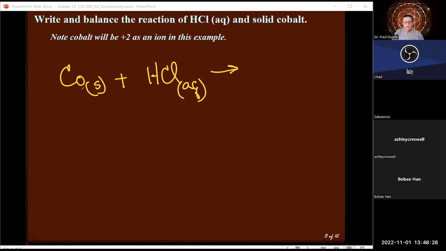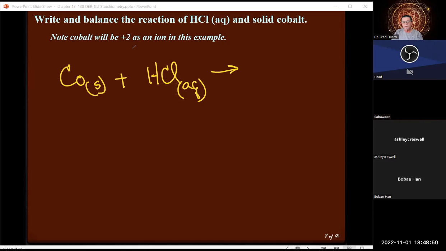So here we use the activity series and we look up cobalt versus hydrogen, and we'll see that cobalt is a lot more reactive than hydrogen. Therefore, this reaction will proceed because cobalt is not in ionic form.